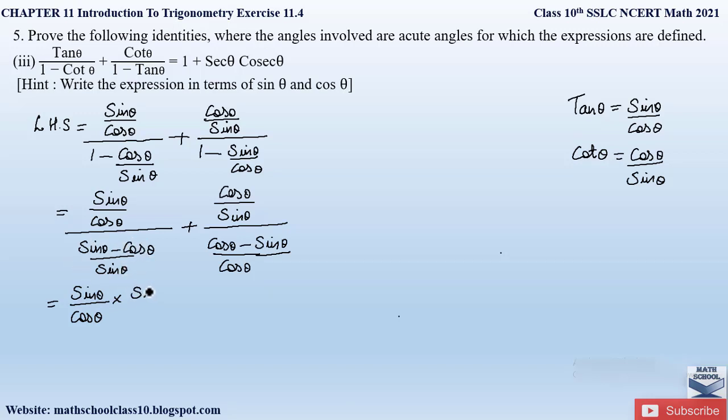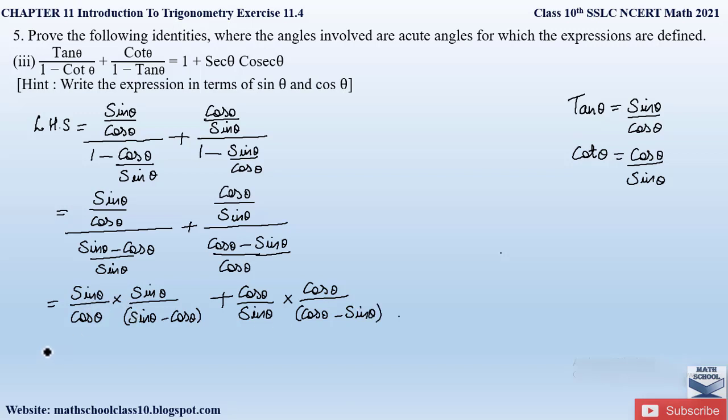So we can write sine theta divided by sine theta minus cos theta, plus similarly in this term we will reciprocate the denominator by converting the division to multiplication. So cos theta by sine theta, the numerator is same, into reciprocating the denominator we get cos theta divided by cos theta minus sine theta.